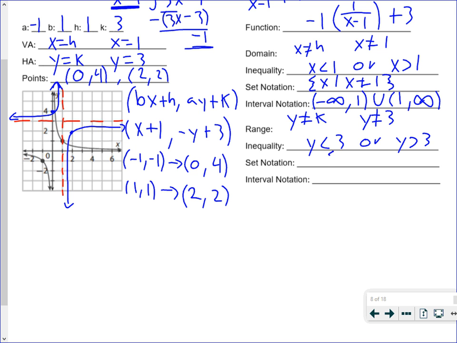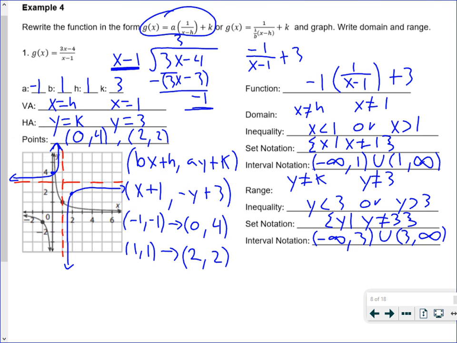Our set notation will be every y value such that y does not equal 3. And our interval notation will be -infinity to 3, union 3 to positive infinity. Same thing here for interval notation: we use parentheses for everything, since y can never equal negative infinity, positive infinity, or 3. So that's number 1.